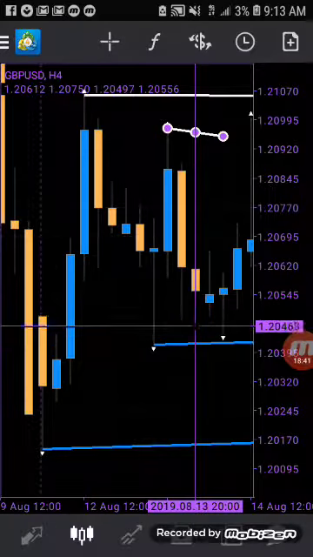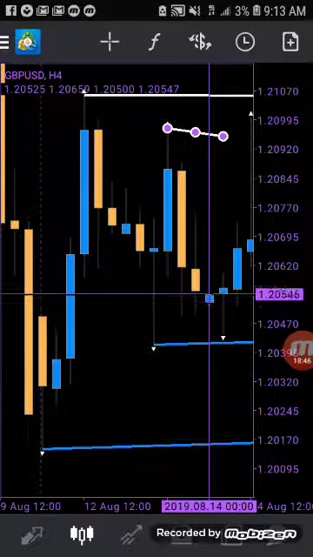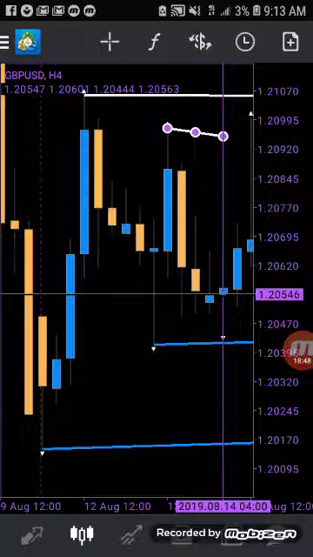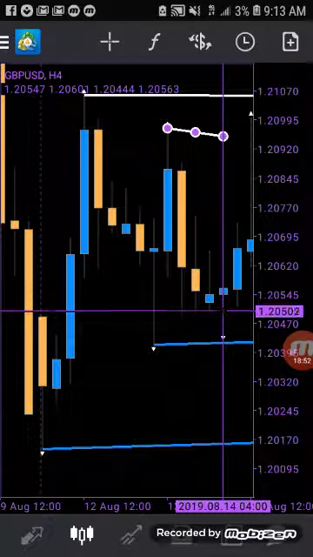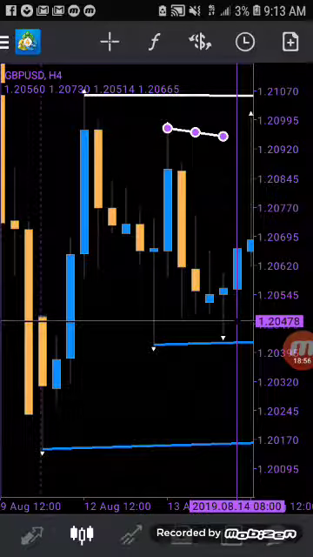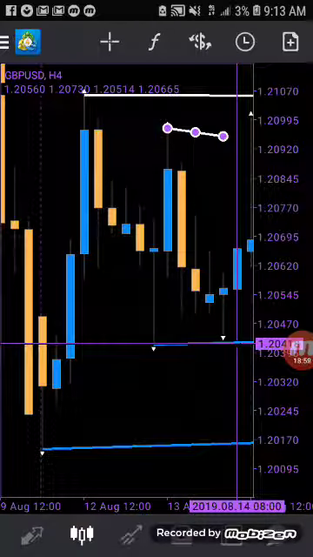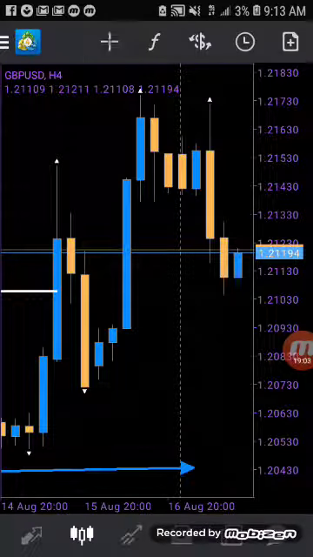Lose your 10 pips. And if you're smart, like say you bought right here. Well, actually, it never happened, so it don't matter. But you just don't lose no more than 10 pips. Just come out, get a better entry, get in like right here. But let's just say you bought there.